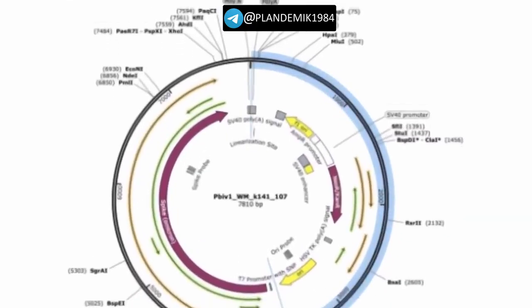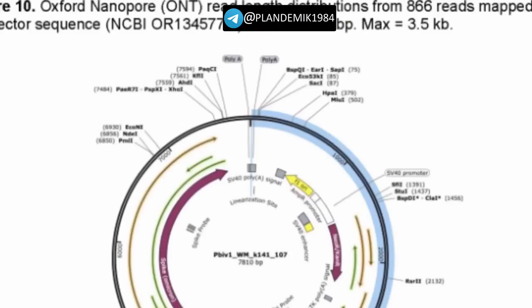That's perfect. You'll see it with a circle around it, right? It's highlighted, SV40 promoter, and you see that line pointing to where it is.